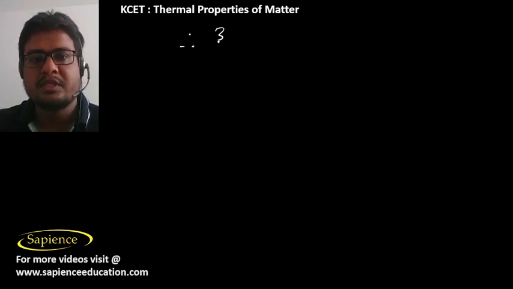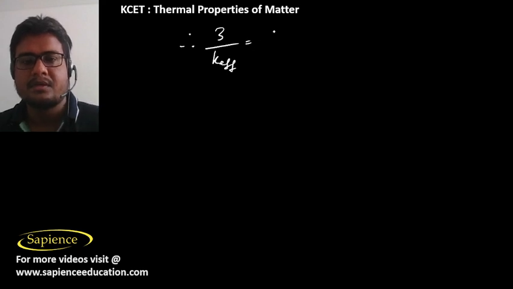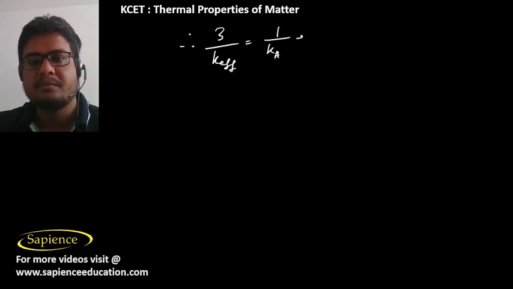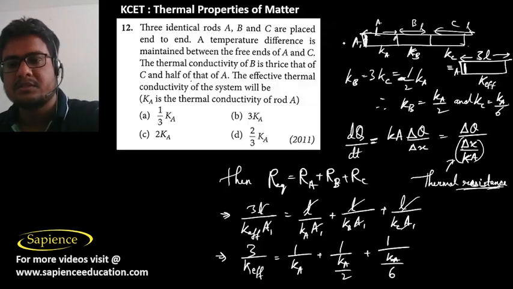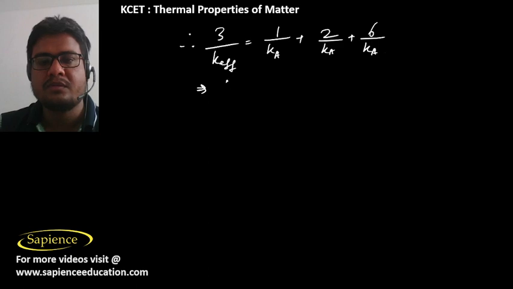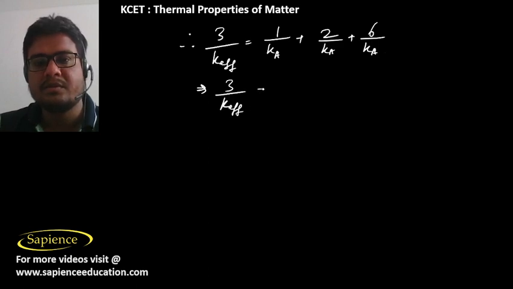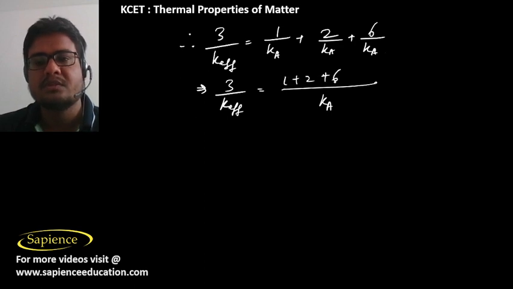Therefore 3 by K effective is equal to 1 by KA plus 2 by KA plus 6 by KA. The LCM is KA, and this will be 1 plus 2 plus 6, which is 9.